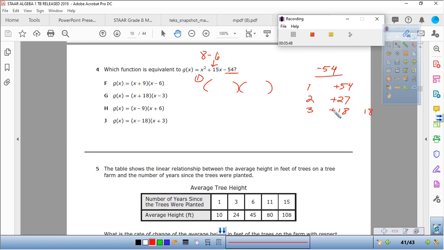Oh, these are positive, and these are negative. And guess what? There's my answer right there. So I go x minus 3, x plus 18. Minus 3 plus 18. I think it's that one for real. You guys got it? Cool.